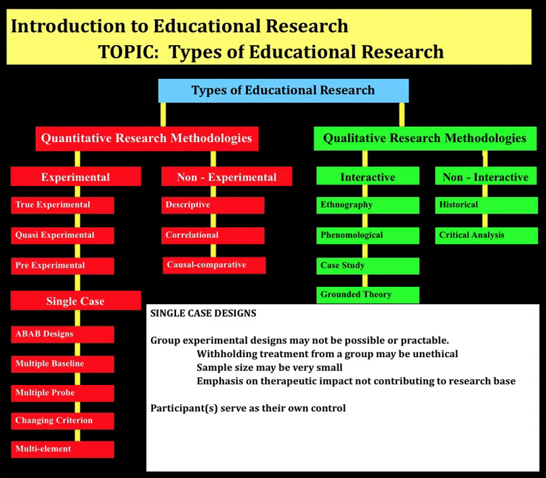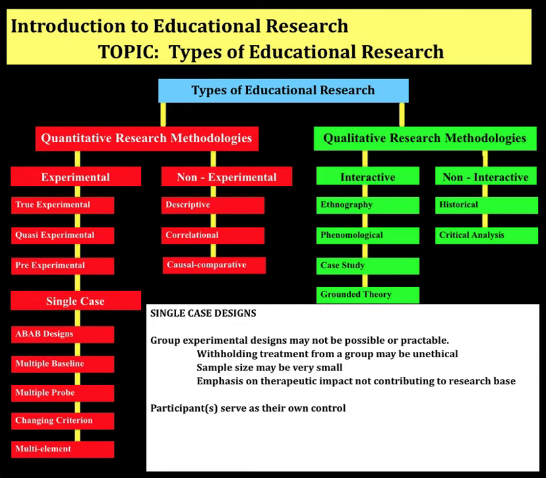One thing is, how ethical is it to withhold treatment from a group? This may be unethical. If you have a true experimental design, you're going to have a control group and a treatment group. The treatment group gets the treatment, the control group gets nothing, or just the usual way. Well, how ethical is it that the control group may be getting no treatment?